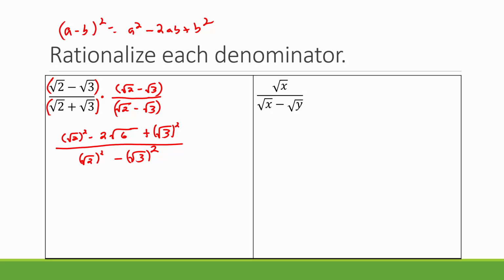Now let's simplify a little bit. The square root of 2 squared is simply 2. The square root of 3 squared is simply 3. Same thing in my denominator.